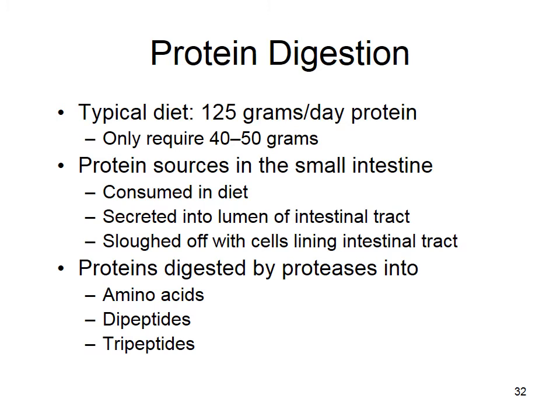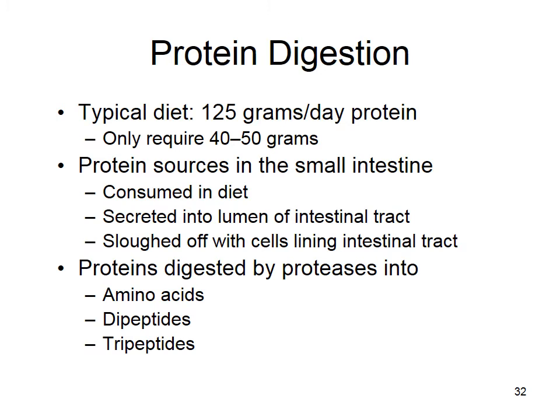Okay, you're going to digest those and reabsorb the amino acids, or any of the protein in mucus, or any of the protein in the cells that got sloughed off. So you remember I said those enterocytes will get sloughed off, especially when they're on the tip of the villi. When they get sloughed off, you digest them and reabsorb the monomers. Okay, so you digest and absorb both exogenous protein and endogenous protein.